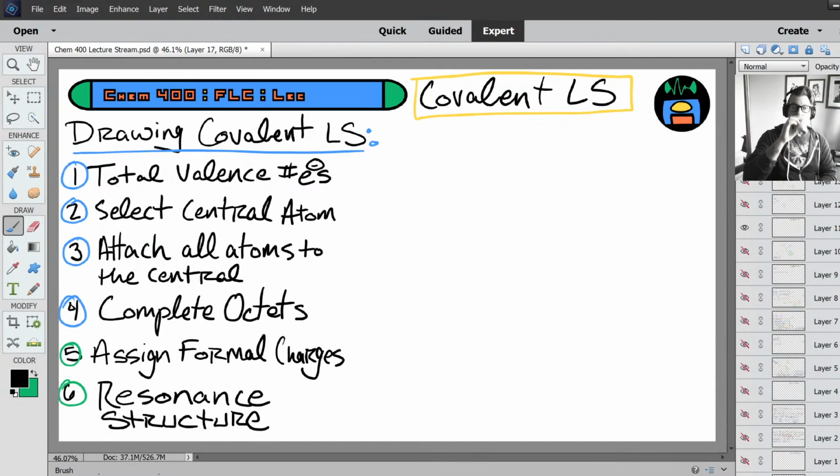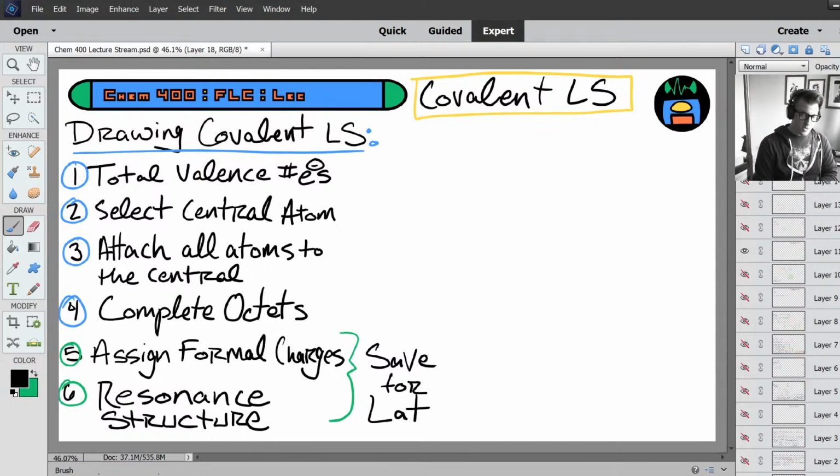covalent compound. Now, you'll notice that I put these last 2 in green. We're going to save these last 2 steps for later. All right, we're going to start by just focusing on steps 1 through 4.